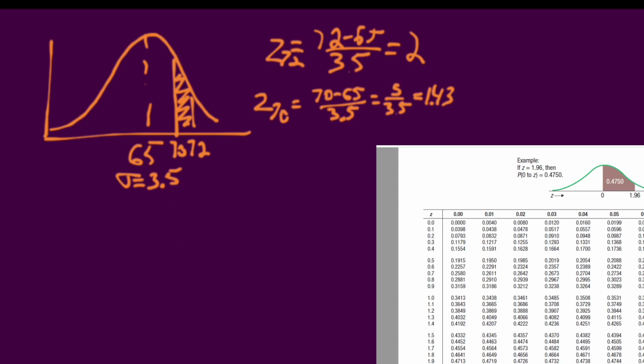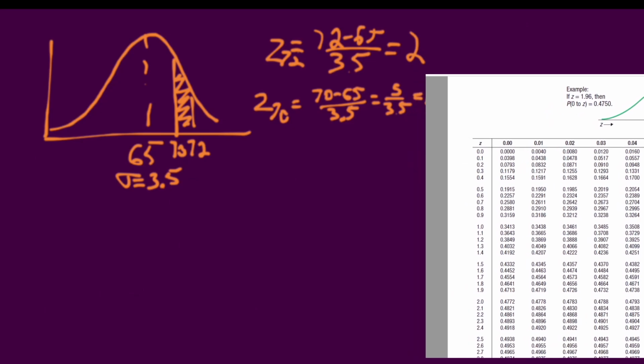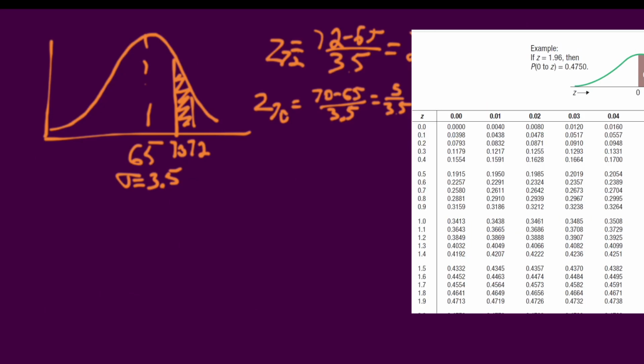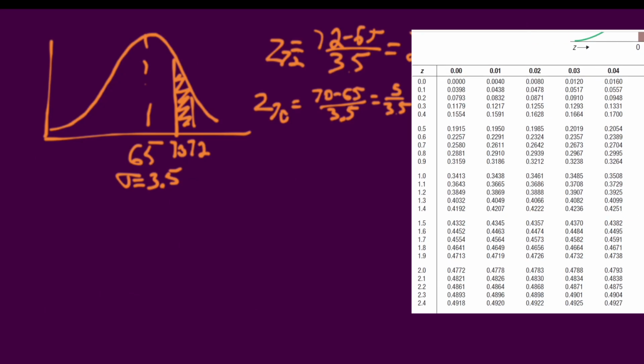Okay, so this is going to take a few more steps. We've already looked up the likelihood of being between 0 and 2 standard deviations, right? We can go back to the z-table, right down here at 2.0, and that's 0.4772. So 47% are between the mean and 2 standard deviations.